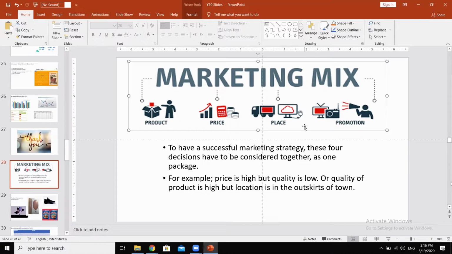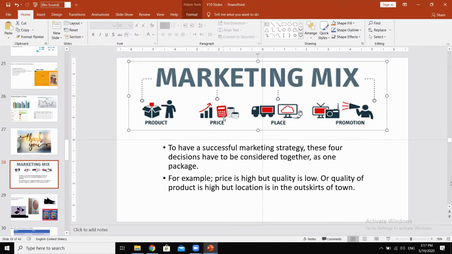When I make a decision, I cannot just focus on one aspect of my business. For example, product. A good example is this. If you want your business to be known as a good quality business, and you really make good quality products, like we spend a lot of money improving our product, and it's the best product anybody could make, but your price is low, that's not a good marketing mix decision.